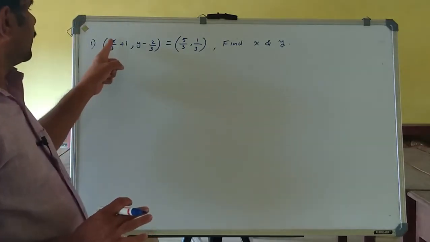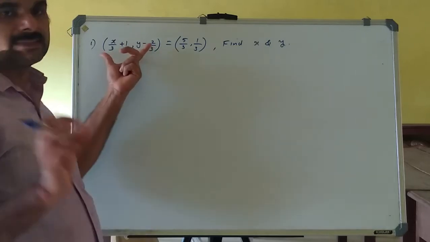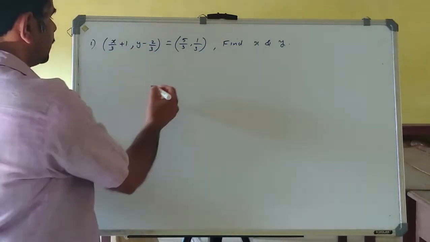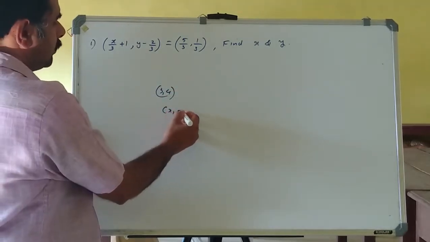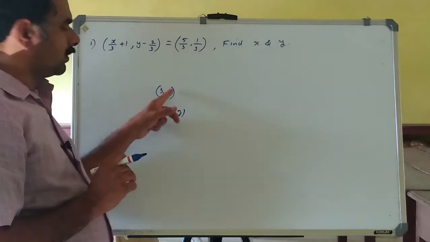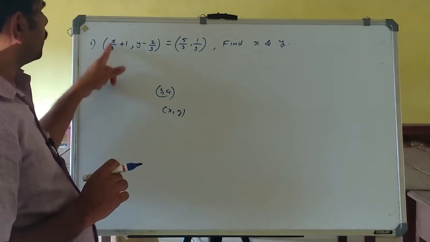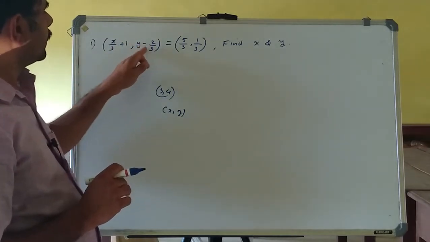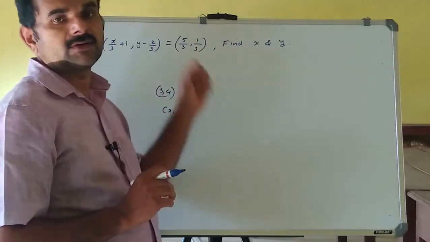Anyway, here (x/3 + 1, y - 2/3). This is a point, like (3, 4), or (x, y). The first number is for x, the second number for y. So here the first number is x/3 + 1, the second number is y - 2/3. Here also the first number is 5/3, the second number 1/3.